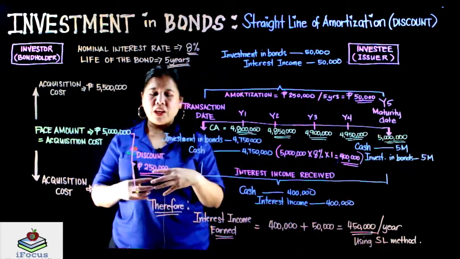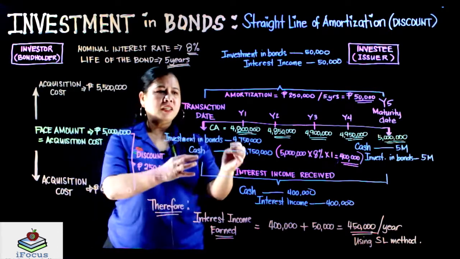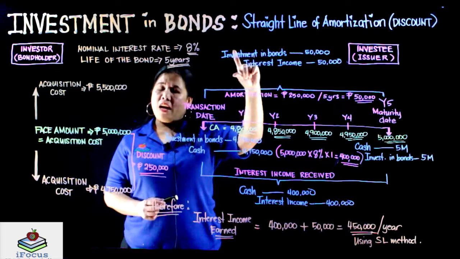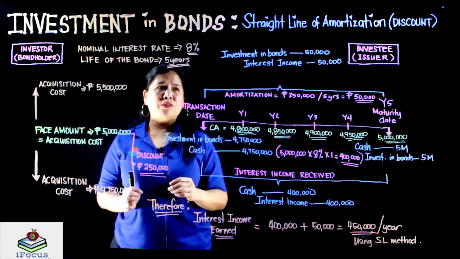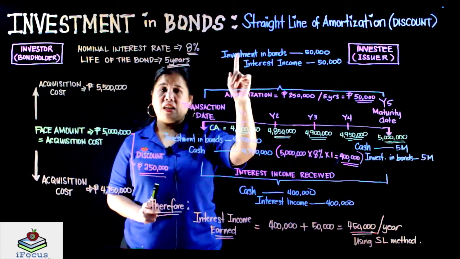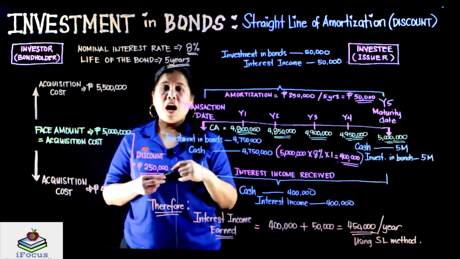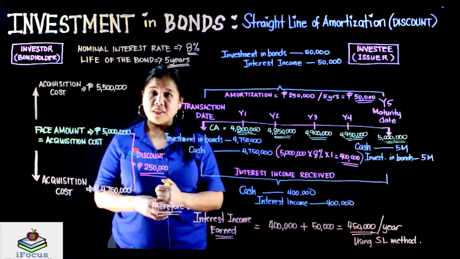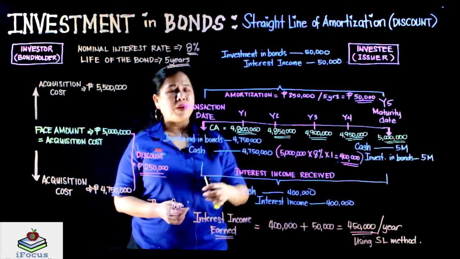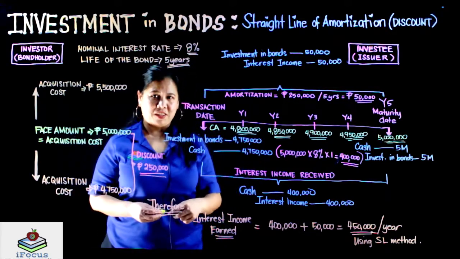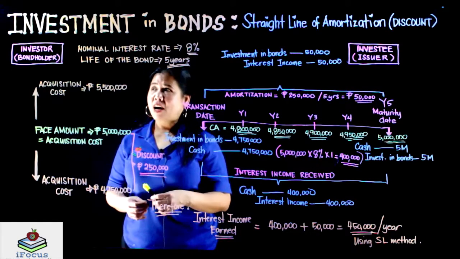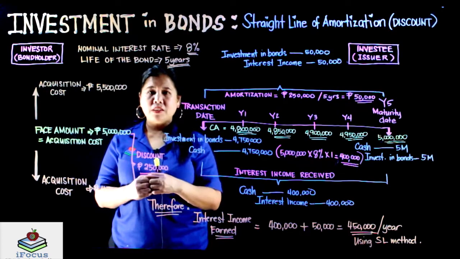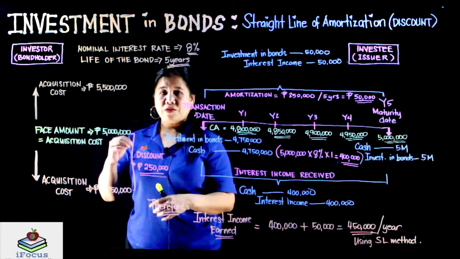Dahil sa amortization natin ng ating discount, dinadagdag natin yan sa carrying amount niya. Dahil ang entry natin kapag discount ay nag-i-increase ang ating investment in bonds sa amortization ng discount. So, ito po ang ating discount using the straight line method of amortization. Nagkakaroon ng discount si investor kapag in-acquire niya ang bonds na ito less than the face amount.